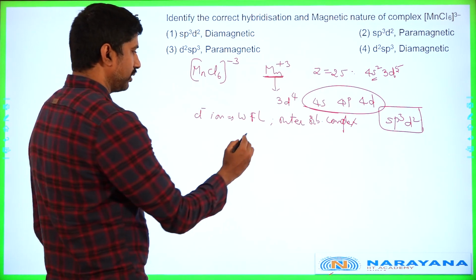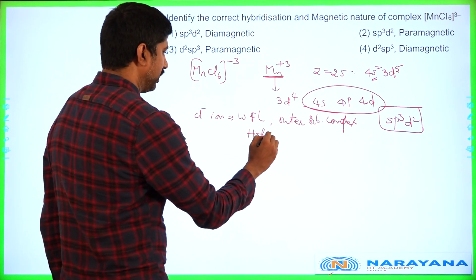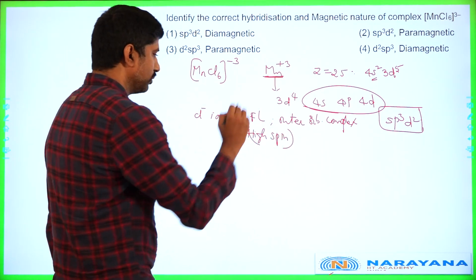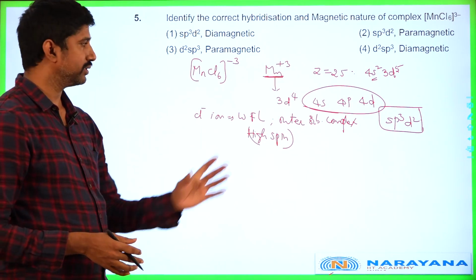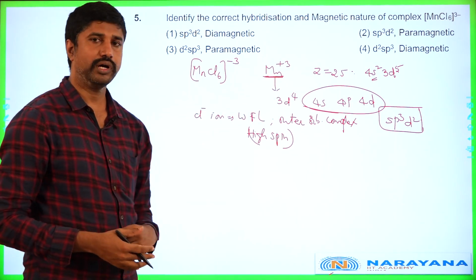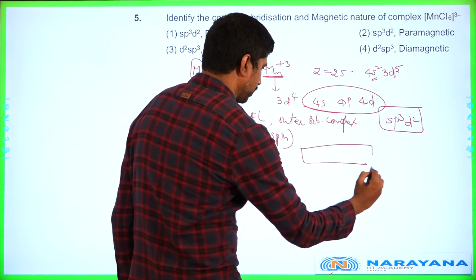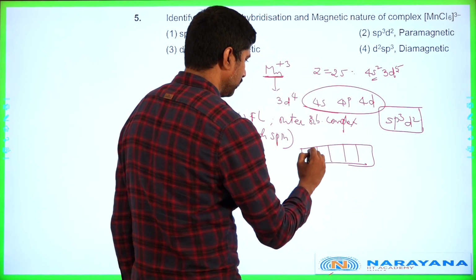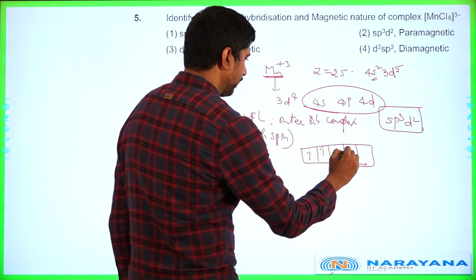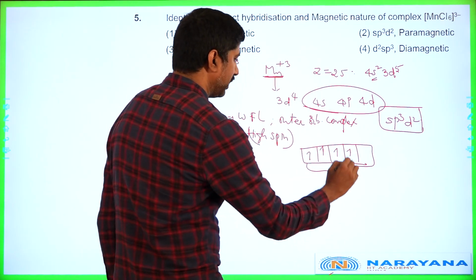As it is an outer orbital complex, it is a high spin complex, because d4 has 4 unpaired electrons in 3d with no abnormal pairing: 1, 2, 3 and 4. There are 4 unpaired electrons here.